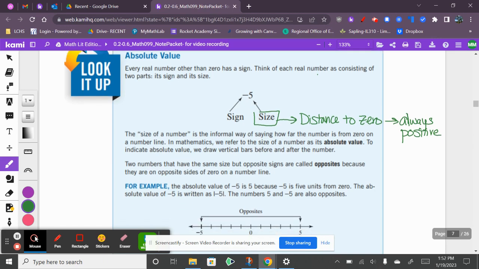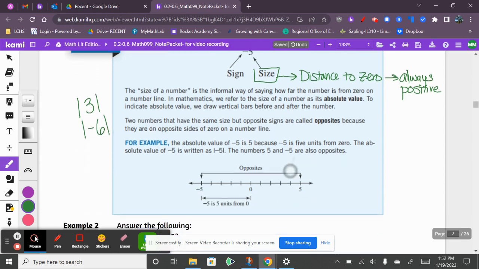In mathematics, we refer to the size of a number as its absolute value. To indicate absolute value, we're going to draw vertical bars either before or after the number. These might look like that, or they might look like this.